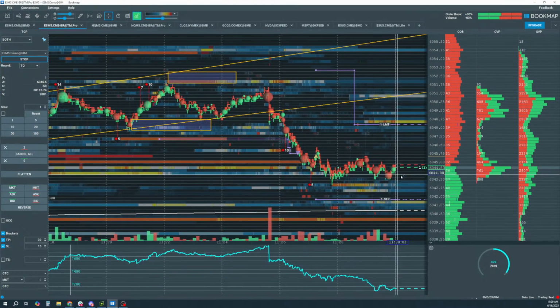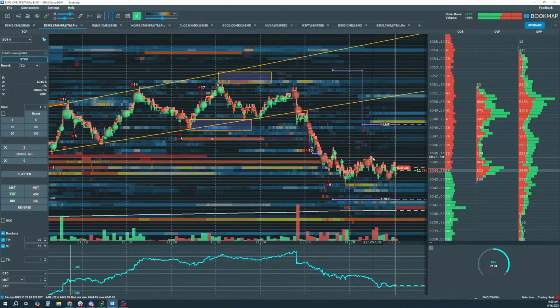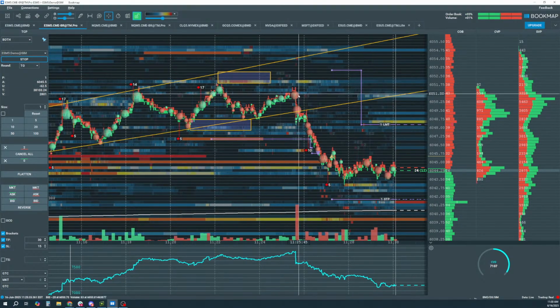Okay, they're trying. Swing is at 45.50. We need to see him above that though for a bigger swing here.